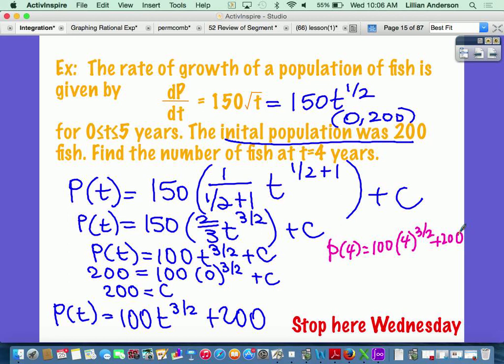Okay? Because it's the square root of 4 cubed. 4 cubed is 64, square root of that is 8, or the square root of 4 is 2. So after 4 years, how many fish are there? 1,000.